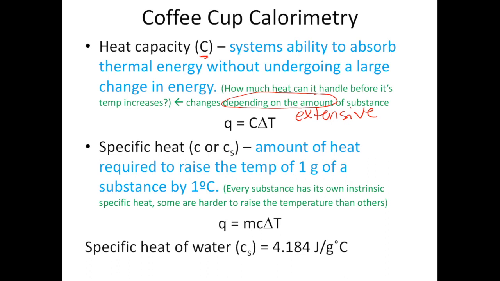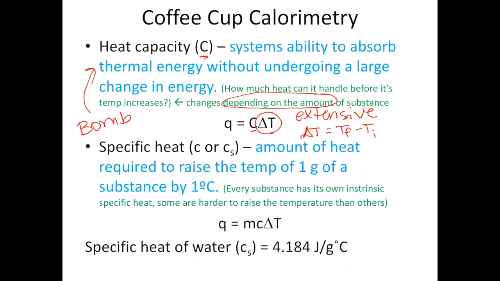So let's say you have a container and you need to figure out how much thermal energy it can absorb before you start to feel that container get hot. That's big C, and it's just depending on a temperature change. Remember, the delta T is always going to be final minus initial, and you calculate Q. That is mostly for bomb calorimetry, is when you use that.